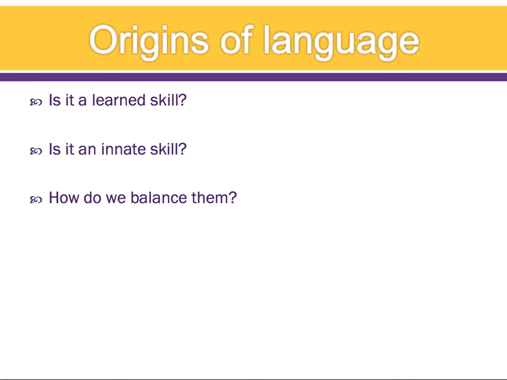Now, there is some specific support for the language acquisition device. There are language universals: nouns, verbs, and objects, plurals and possessions. Those things are in all languages. But it's also supported by the fact that we hear language differently than we hear non-language sounds.